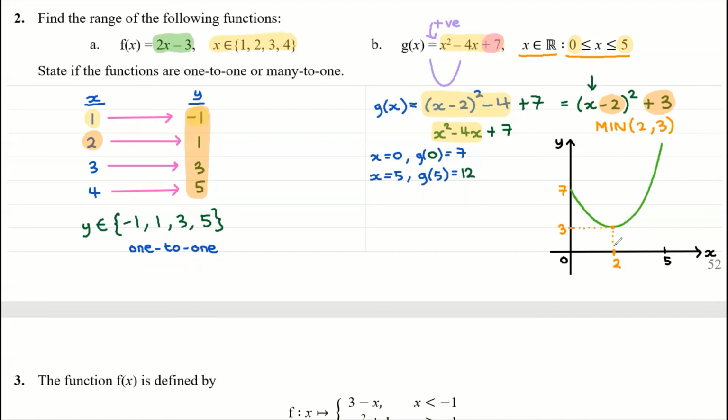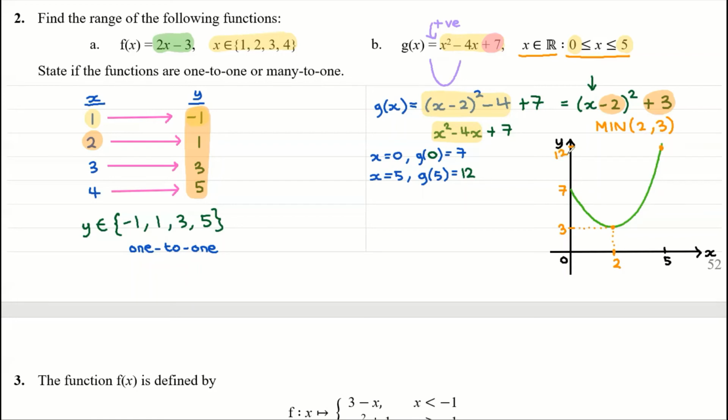And also we have the coordinates at 5, 12, which is the final value in this set of ordered pairs. Okay, so I'll put it about here. So it's going to be about here. Okay, and if I read it off, that's going to be where 12 is.